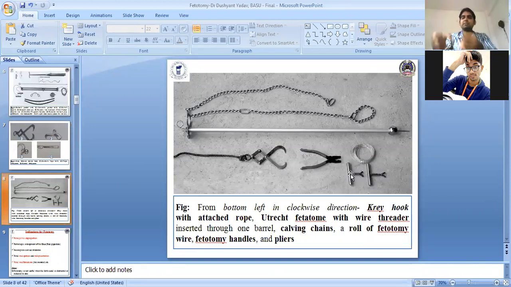By grasping the handles, we alternately use the stroke in this way. But the stroke should be started slow, like slow and short, like that, slow and short.